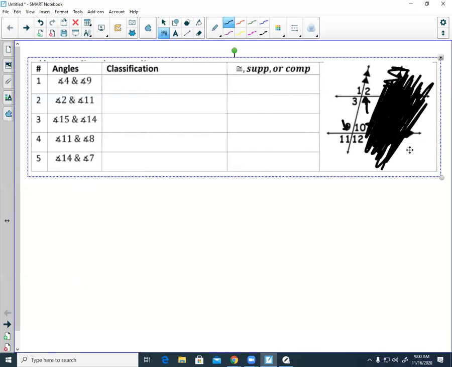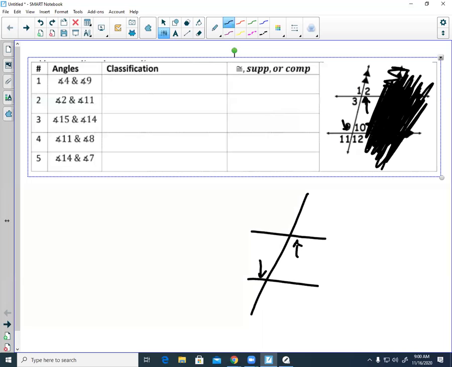Obviously, you can't do this on your worksheet because if you do that, you're not going to be able to see everything else. But that should make it pretty easy for you because your brain should be able to think about this in the form of, I have a line up here, I have a line down here, I have a transversal line here, I'm talking about that angle, and I'm talking about that angle. I've just redrawn this picture, ignoring all of the numbers and making it look a lot easier.